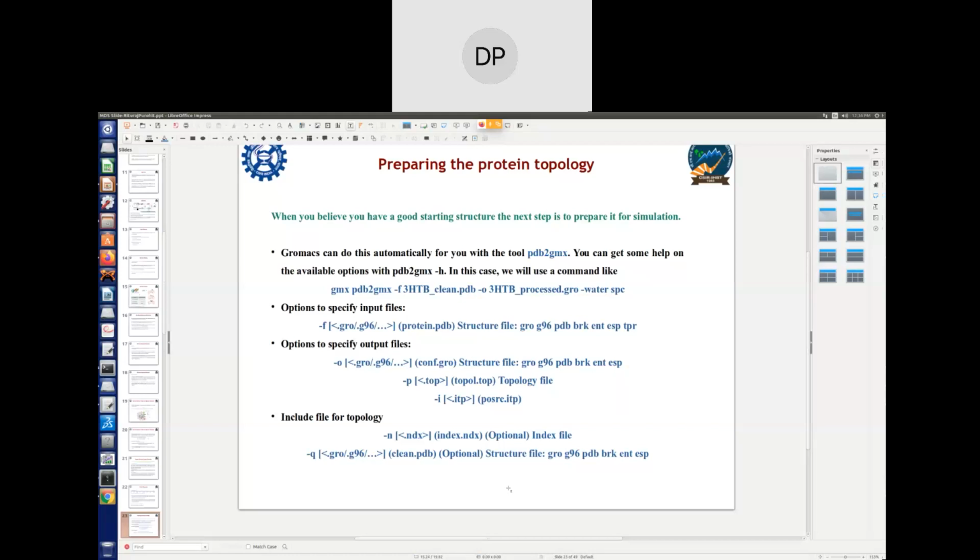You can also ignore hydrogens with the flag -ignh, so you won't get any error. After that, include the topology file. After this step, you will get the topology of your protein molecule, and the ligand molecule you need to prepare from another source.